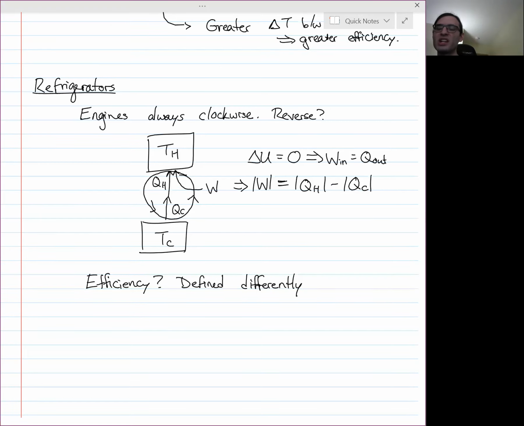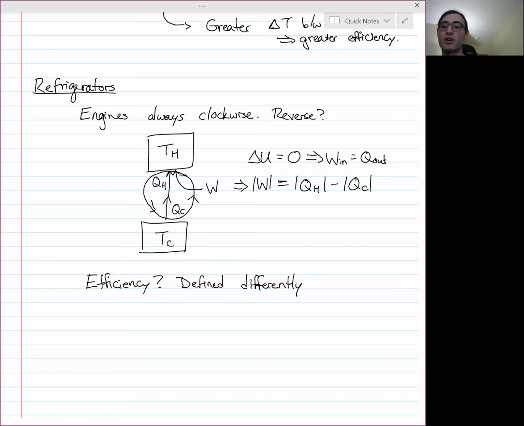And so, in a sense, work naturally will convert to heat, but heat will not naturally convert to work. So, whereas in an engine, our goal is to convert heat to work, we can never get 100% efficiency for the reason I just stated. However, work will very naturally convert to heat.